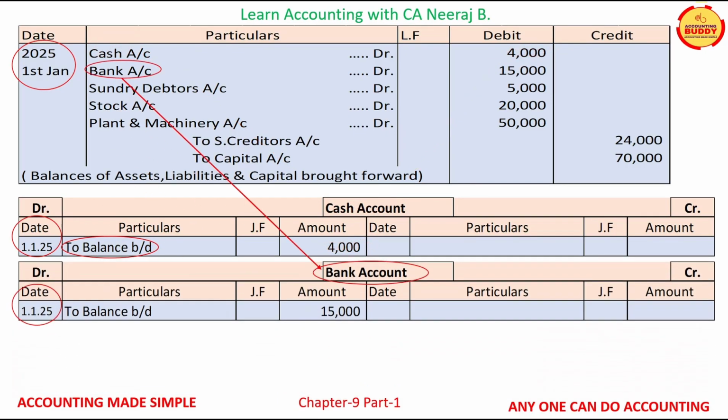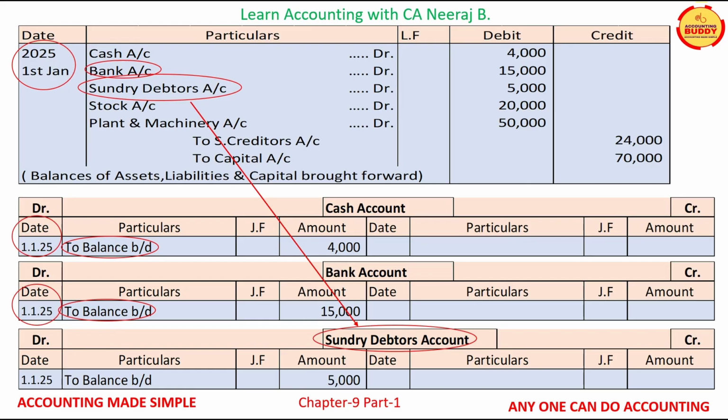In bank account also, the entry will be posted on the debit side on 1st of January for $15,000 by writing the words to balance brought down. In the sundry debtors account, entry is posted on the debit side on 1st of January 25 for $5,000 by writing the words to balance brought down.